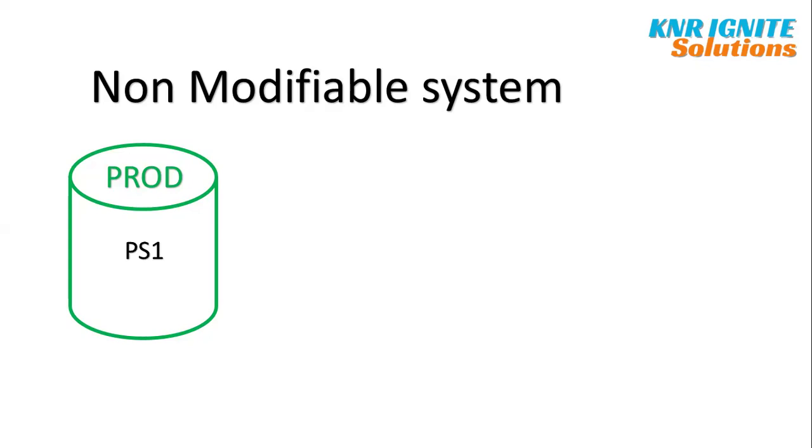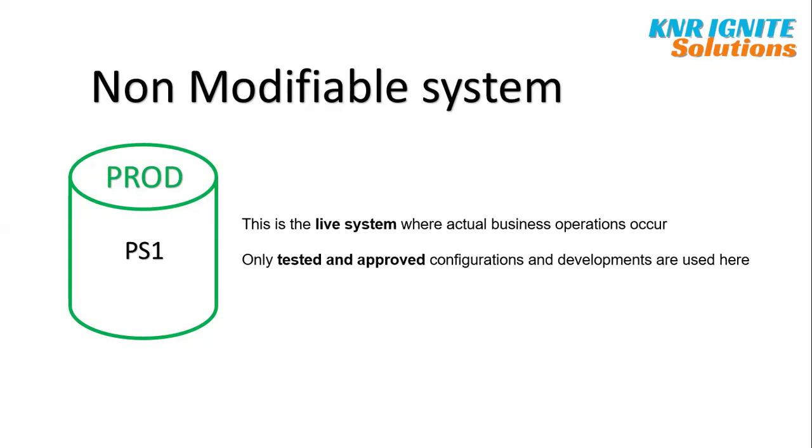Generally we have only one single system in production, and that system is used for all your actual business operations. Only the tested and approved configurations from your quality system, moved from the development system, will be used in the production system. Non-approved stuff will not be used in production to make sure we do not get into any risks. So each and everything has to be tested and approved prior to moving it to the production system.